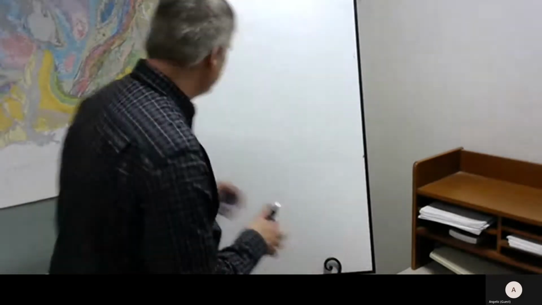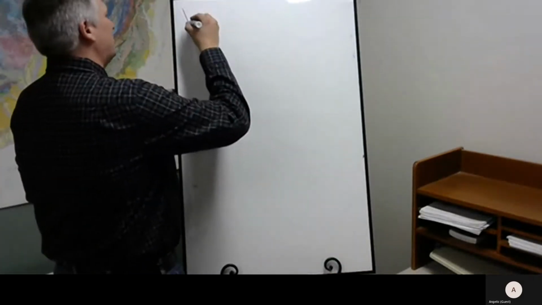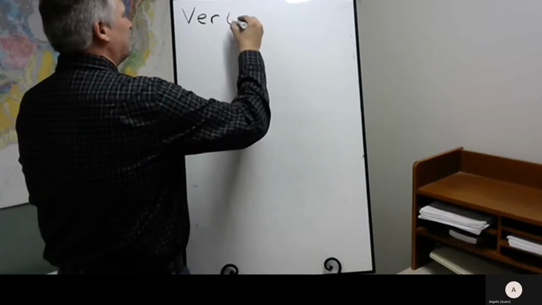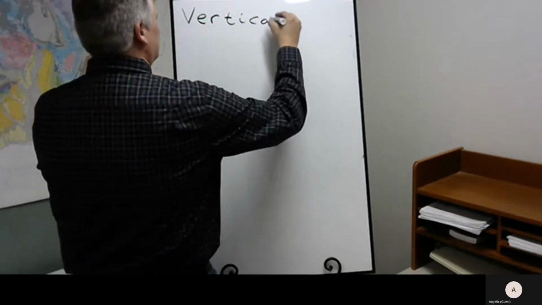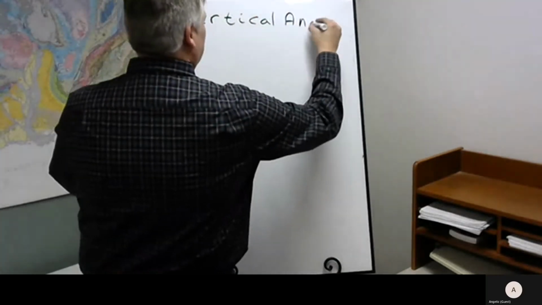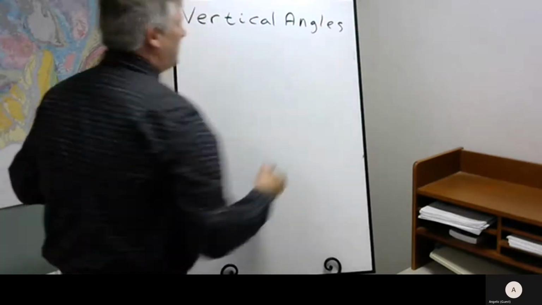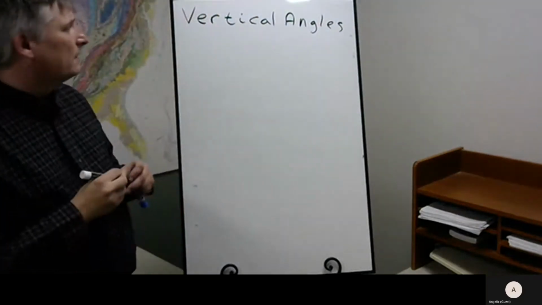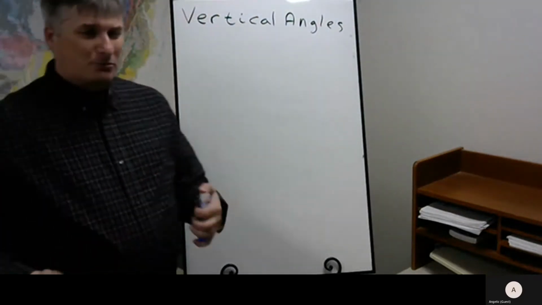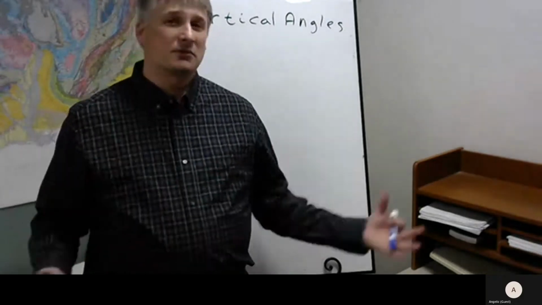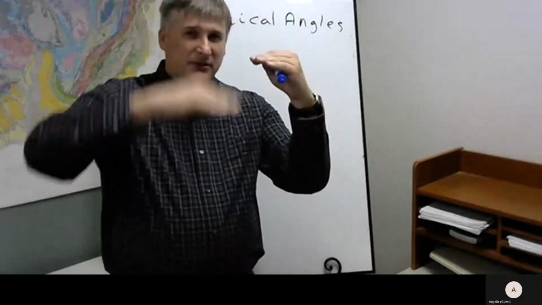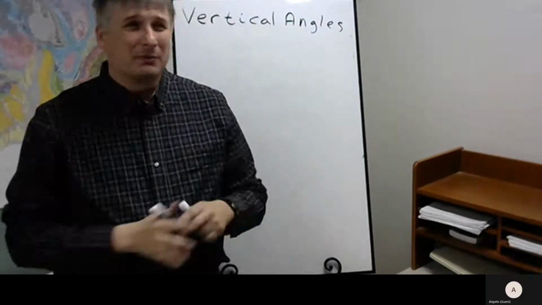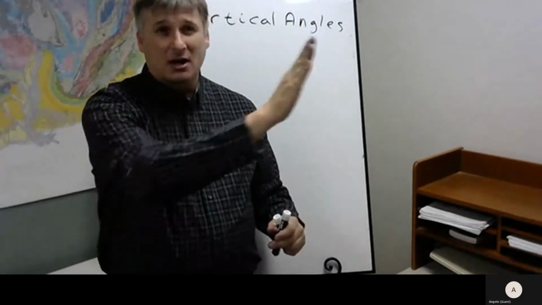Let's see. So another type of angle, these are called vertical angles. Now, vertical angles really refer to angles across from each other. They might be vertically across, and this is kind of confusing. They might be horizontally across.